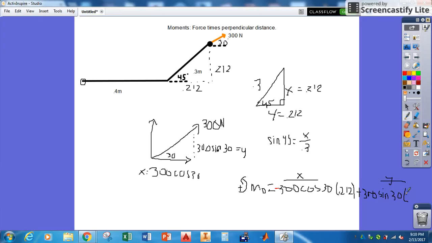Now we need to multiply it by our distance. Since we had a vertical force, we need the perpendicular, so that means horizontal. The horizontal distance to this point O is 0.4 plus 0.212, which gets you 0.612.